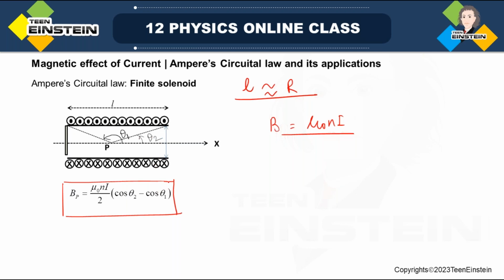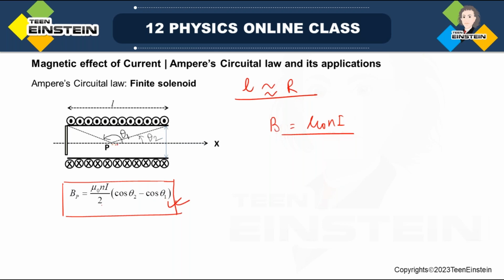It is the stuff of BSc, so we'll not go to the derivation, but we can keep this formula in mind. If sometime a numerical problem related to a finite solenoid comes, then we can attempt that. So B_P at any point P inside the solenoid, the magnetic field will be mu0 n i by 2 times (cos theta 2 minus cos theta 1).